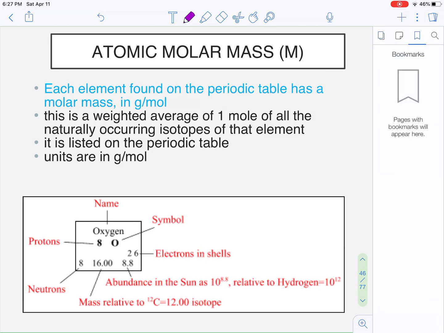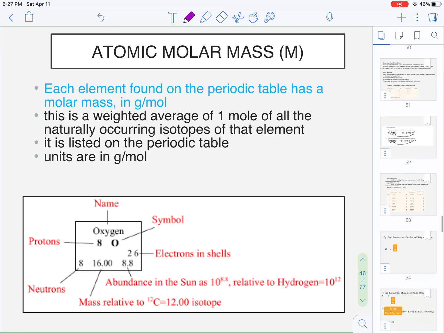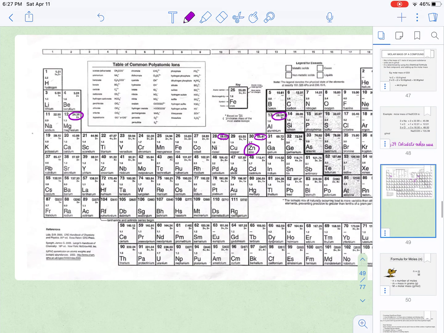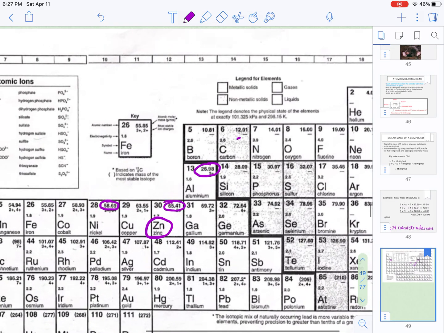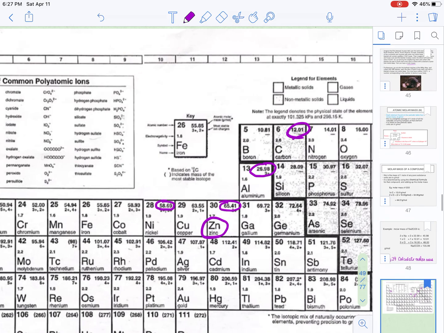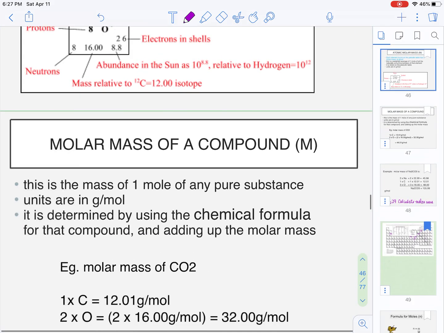Okay, going back to my bookmark, I was going to also point out that the carbon that we're comparing it to is an actual 12, as we were mentioning earlier. Okay, and I think we're on this slide here.